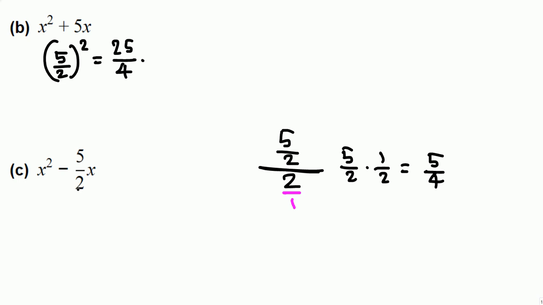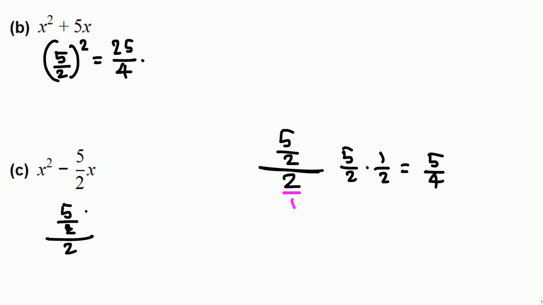Okay, this is already 5 halves, we need to add half of this quantity squared, so half of 5 halves is 5 quarters, it's like 5 over 4. So we need to add half of 5 over 2, that's already there.